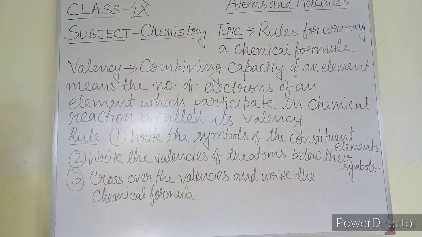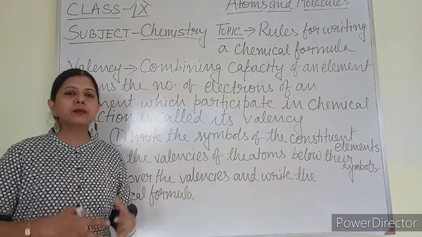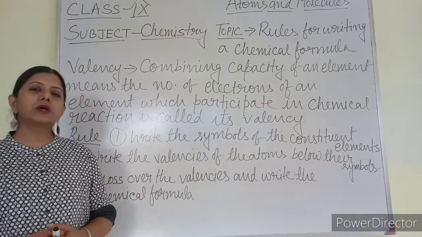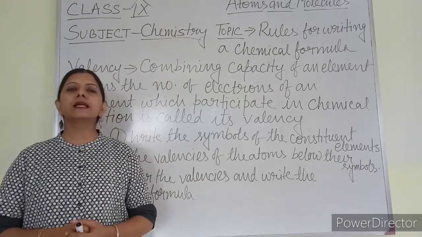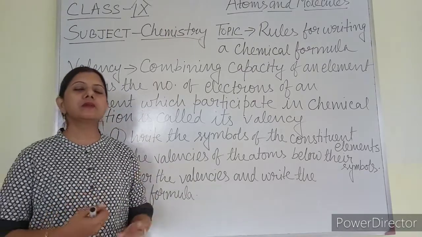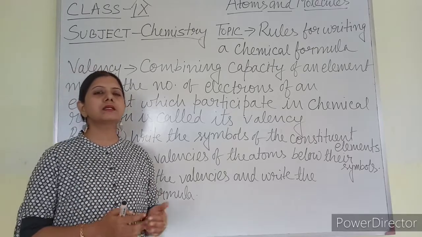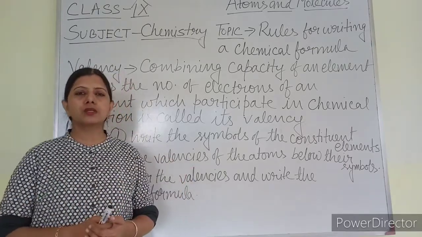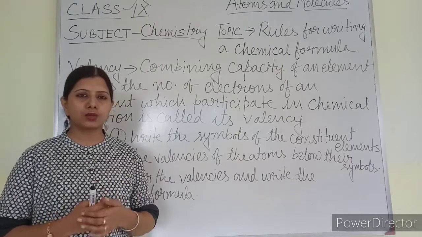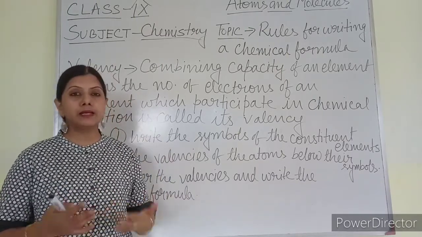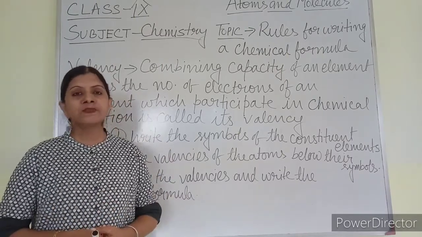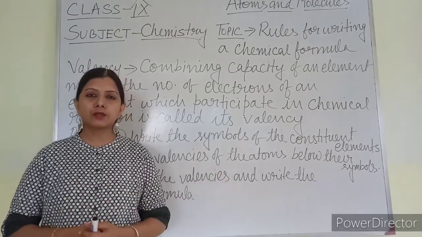That is called valency. In the previous video I told you about ions. I told you that during chemical combination, during chemical reaction, some elements may lose electrons, some elements may gain electrons, meaning the atom of the element may lose or gain electrons, and due to that a charge develops on it.